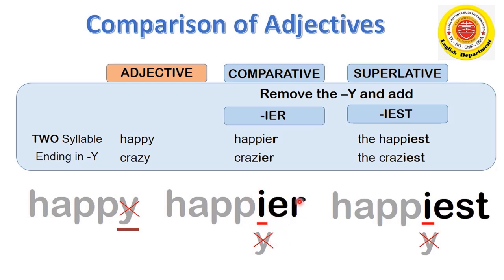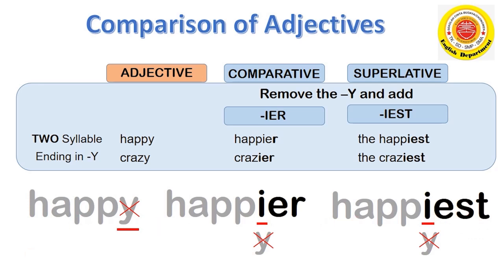So for the comparative, happy becomes happier. And then for the superlative, happy, we change the Y to I, and then we plus EST, become happiest. So we remove the Y, and we add IEST.